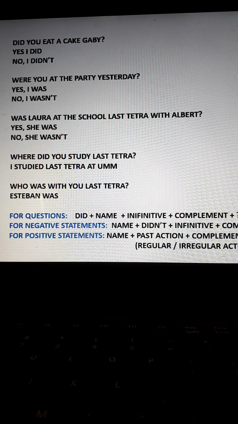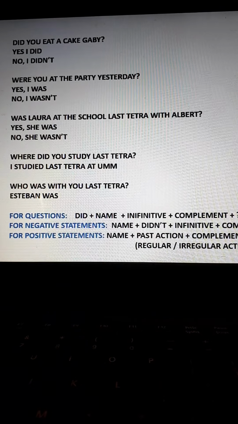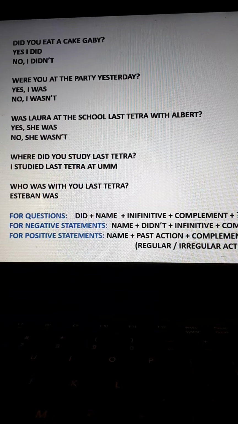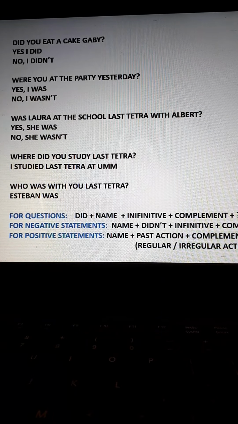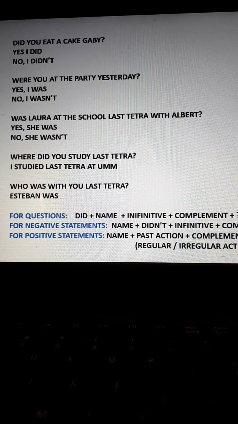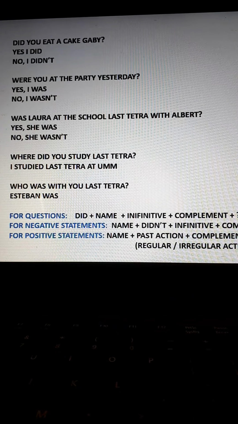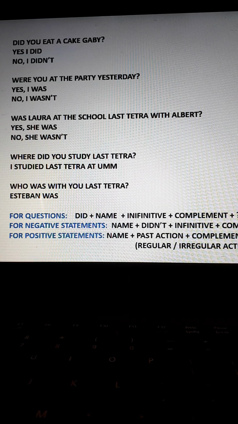If we're going to make a question in past, we also need the auxiliary did, but did is going to be in past, of course, and the action again is going to be in the base form. For example, did you eat a cake, Gabby? Yes, I did, or no, I didn't.